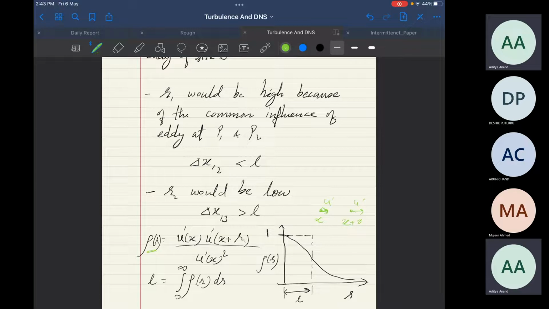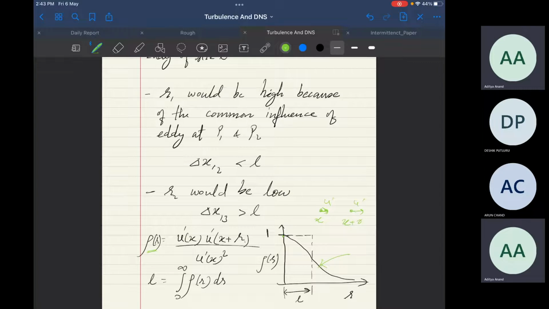Now if you make a plot of this correlation coefficient with r, you'll get a curve something like this. For when there is no separation, the correlation coefficient is 1, and as r increases, the correlation coefficient drops and asymptotes to 0.